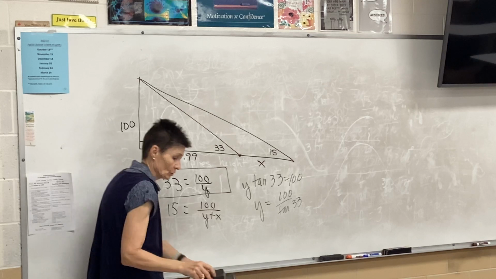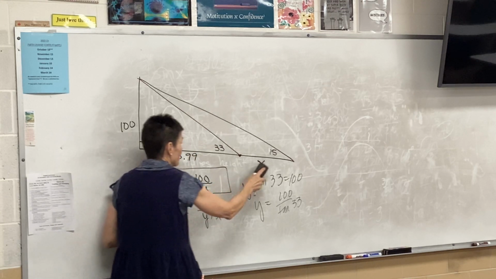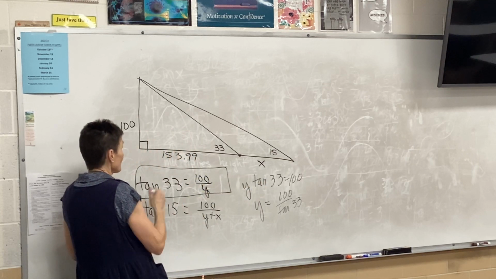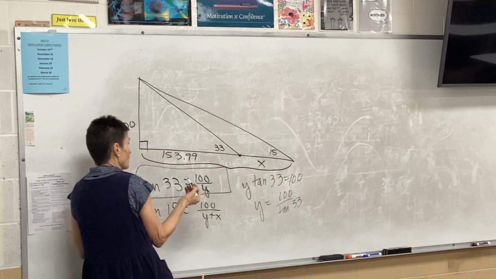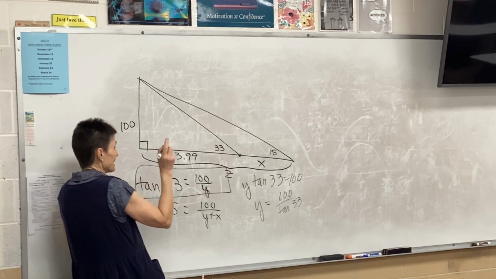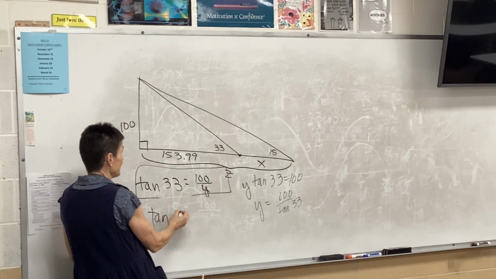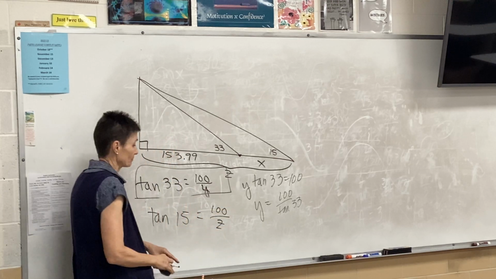Now, I'm going to rethink this a little bit. That's what I want to find for sure. But what if I called this whole thing z? Can't I say that the tangent of 15 equals 100 over z?